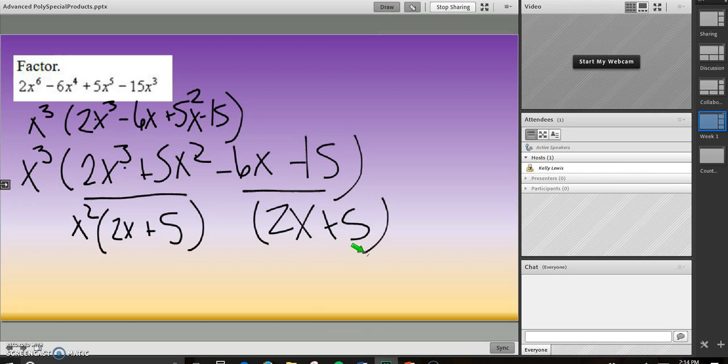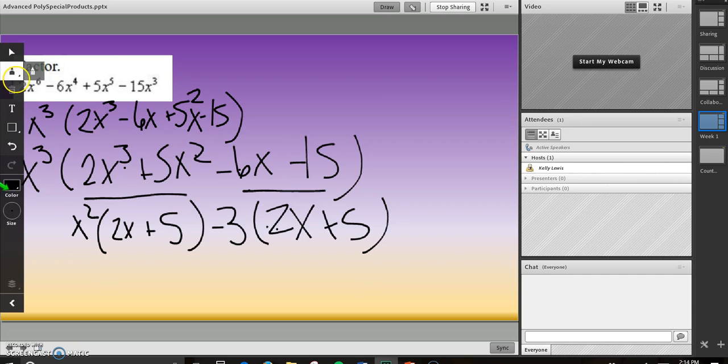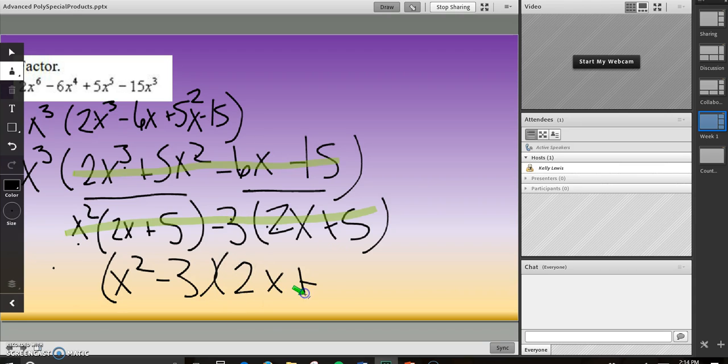And if he is 2x plus 5, then we took out a negative 6 divided by 2, negative 3. So this guy is this, and now I'm going to put it all together. So this is x squared minus 3, and then we have 2x plus 5, and then we have that x cubed.